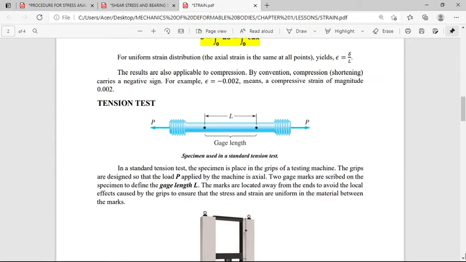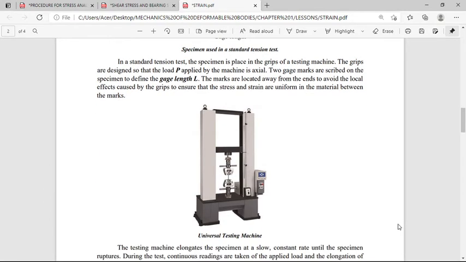So, kung hindi pa kayo nakakita ng testing machine, meron ditong testing machine. Ayan. In this case, ang pinaste ko dito sa document is a universal testing machine. Si universal testing machine kasi, pwede kang mag-test sa kanya ng tension and compression.